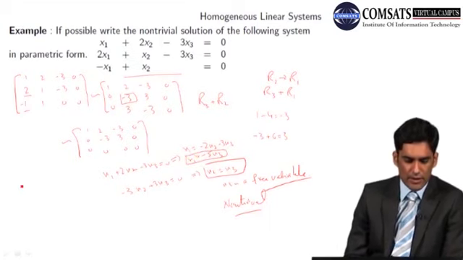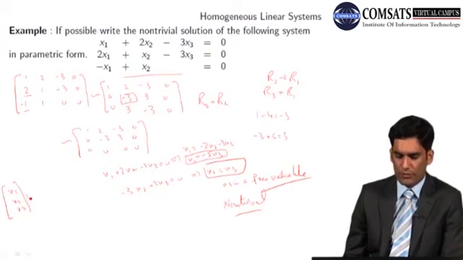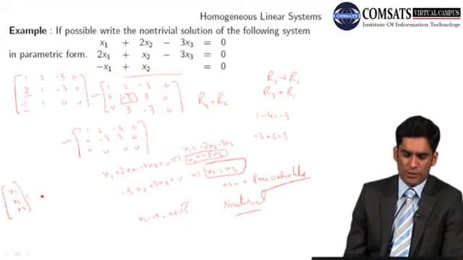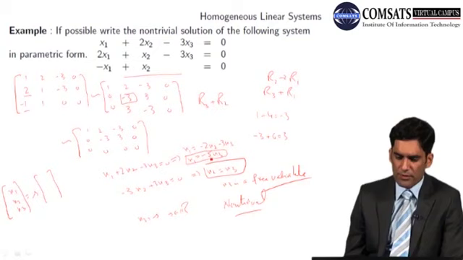Now let's learn how to write down the parametric equation of this one. Let's say x1, x2 and x3, I have to write down the solution of this one. x3 is the free variable, so I consider x3 as a new parameter s, where s belongs to the real line. So in terms of s, I am going to find this vector. x1 will become minus 5s and x2 will equal s.